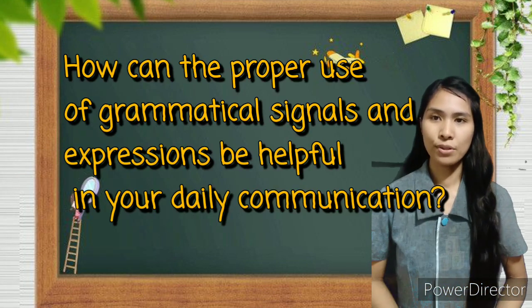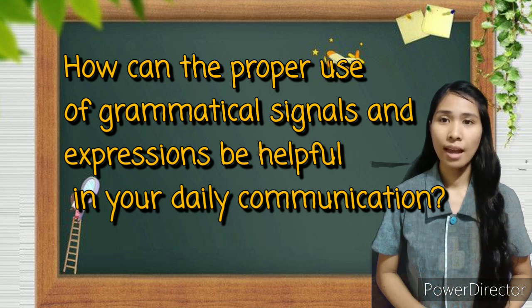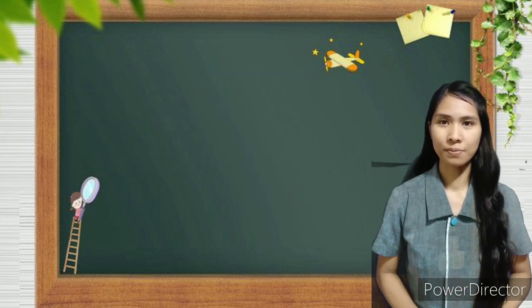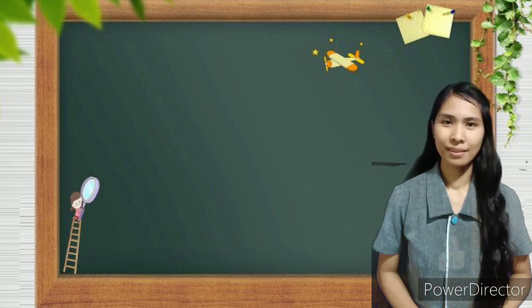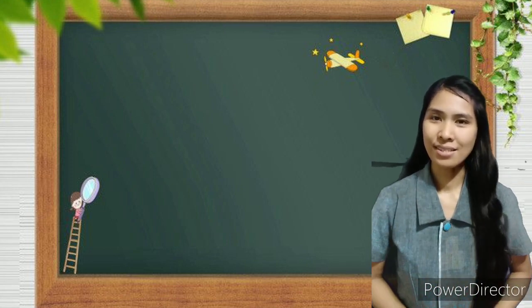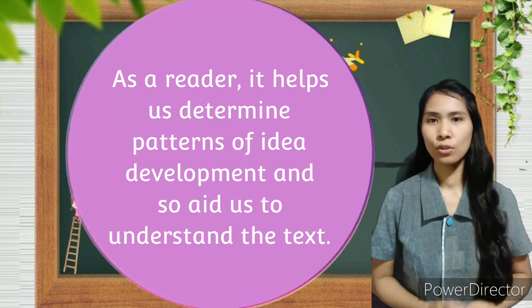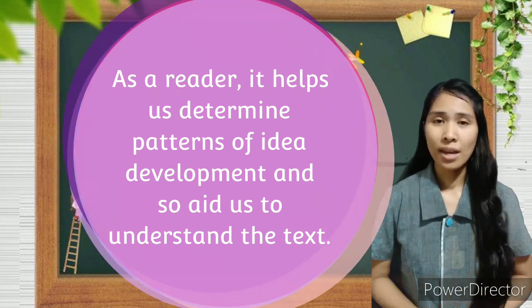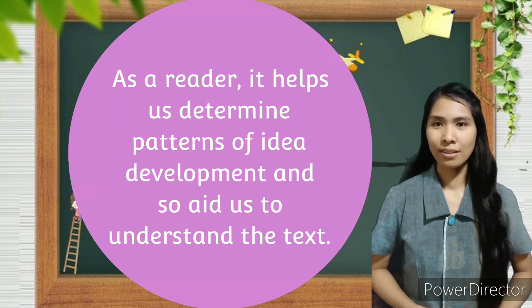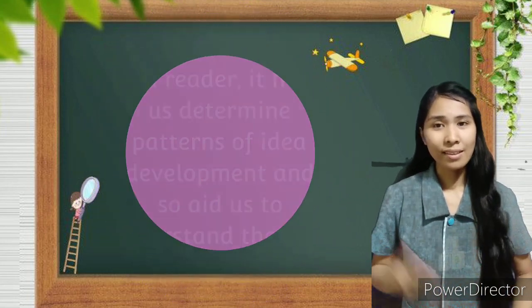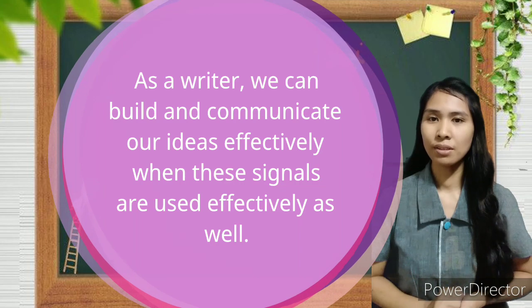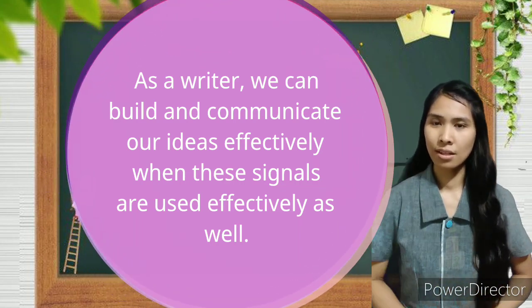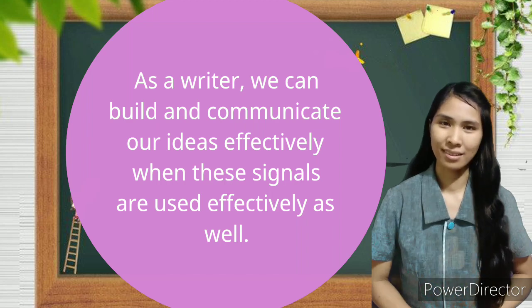How can the proper use of grammatical signals and expressions be helpful in your daily communication? Right. As a reader, it helps us to determine patterns of idea development, and so it aids us to better understand the text. And as a writer, we can build and communicate our ideas effectively when these signals are used effectively as well.